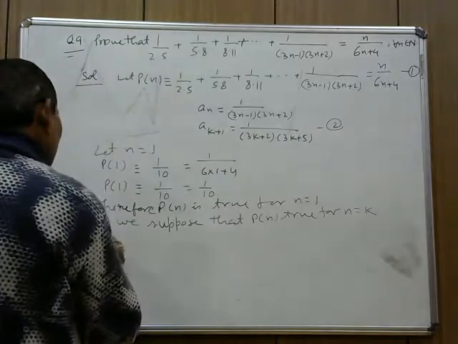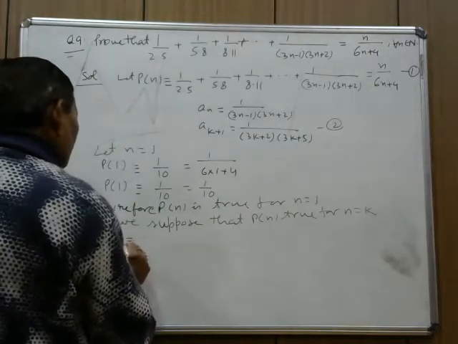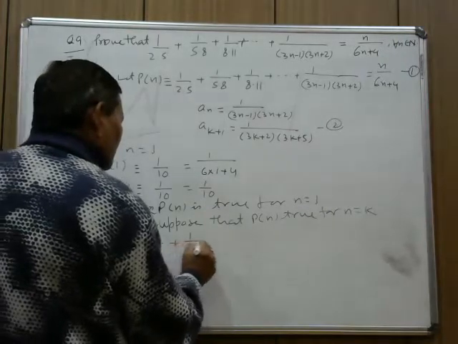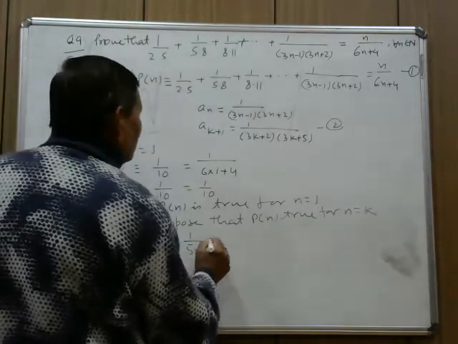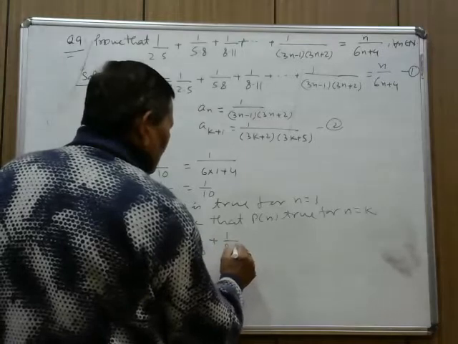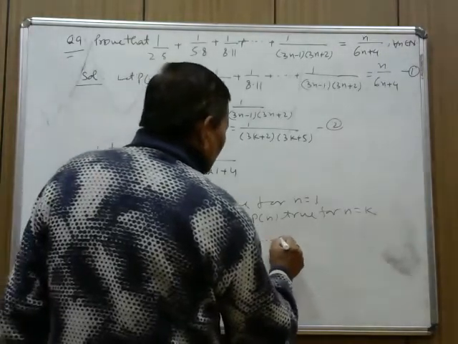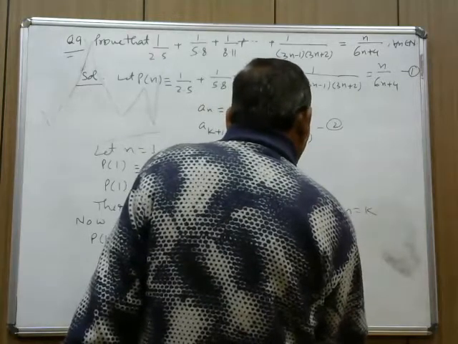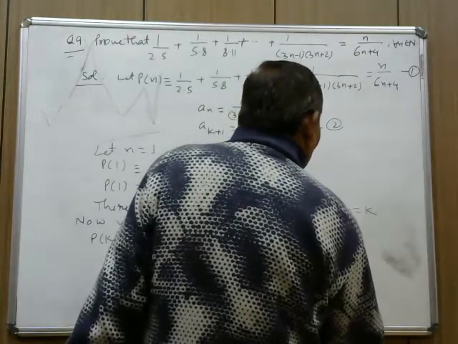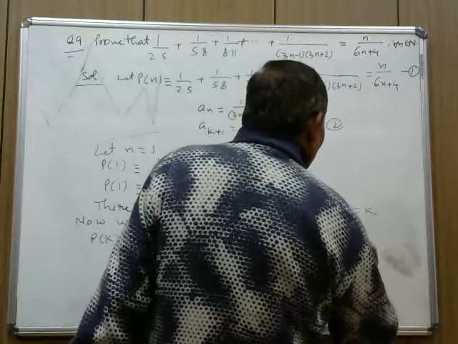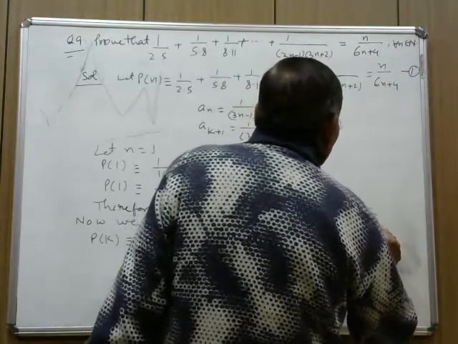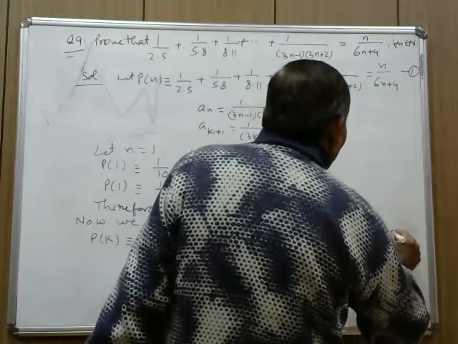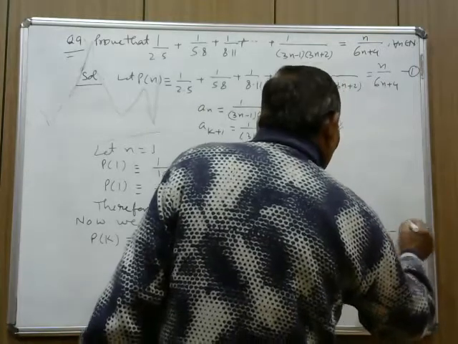Here Pk can be written as 1 upon 2 into 5 plus 1 upon 5 into 8 plus 1 upon 8 into 11 plus and so on, plus 1 upon (3k minus 1) into (3k plus 2), that is equal to k upon 6k plus 4. This is 3.